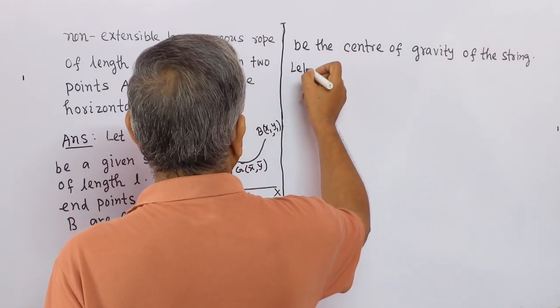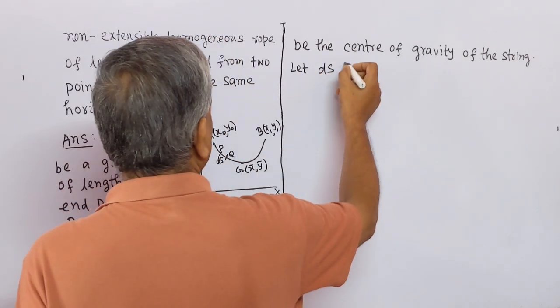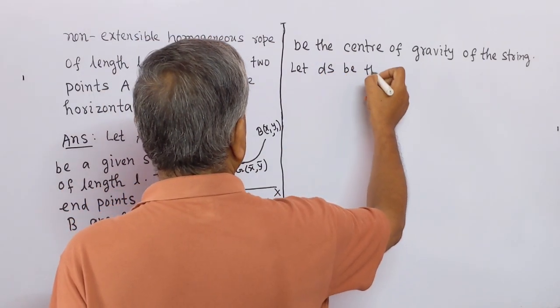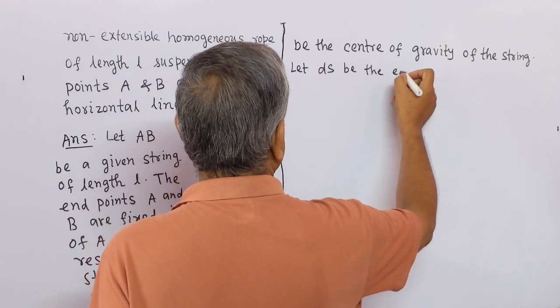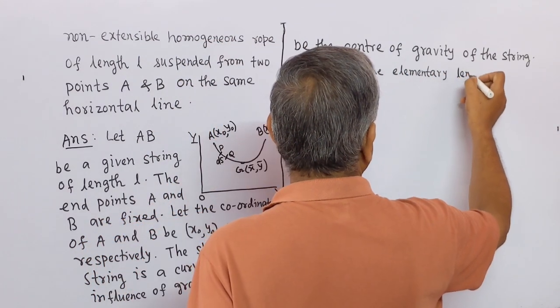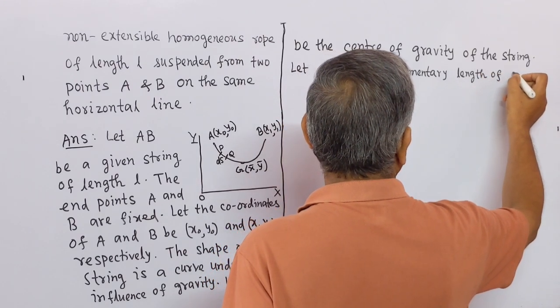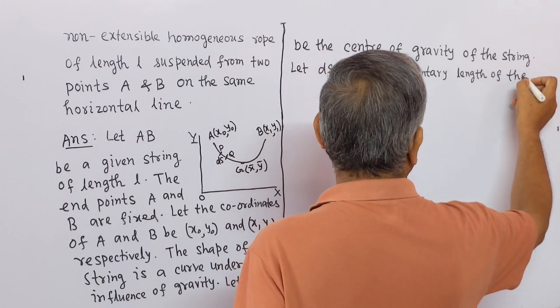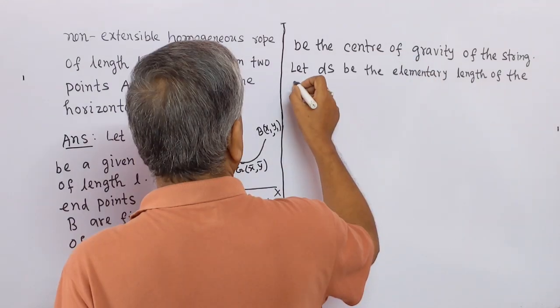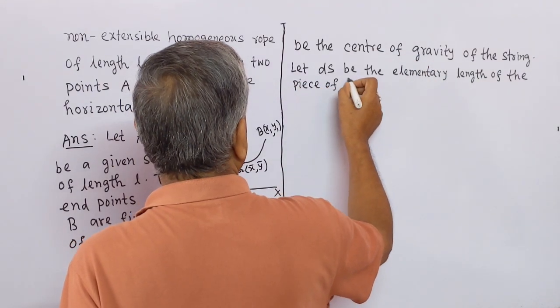Let ds be the elementary length of the piece of the curve.